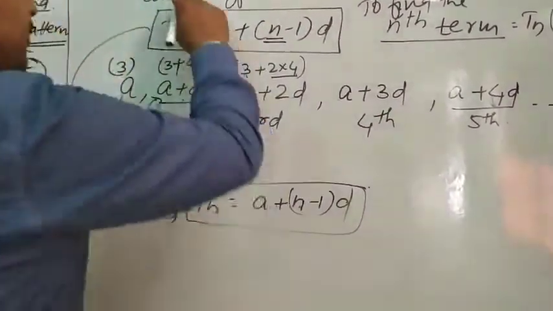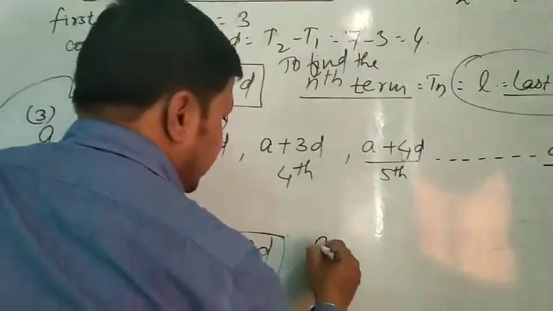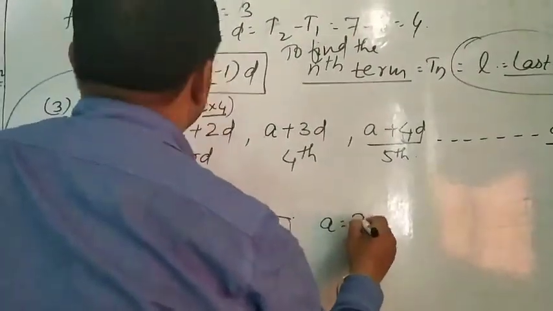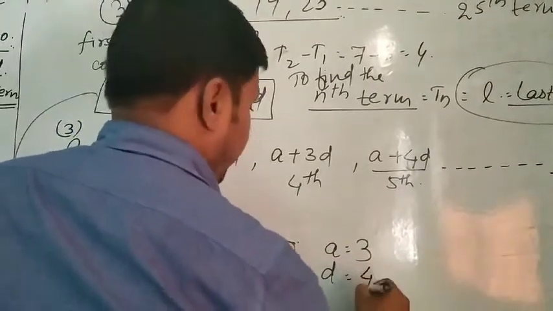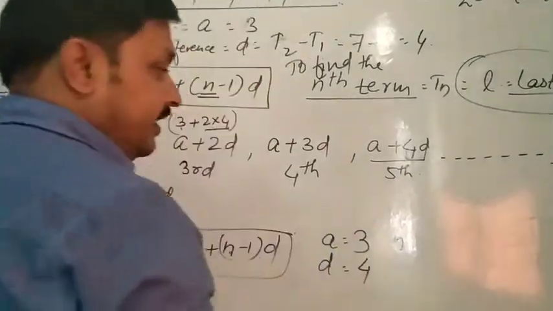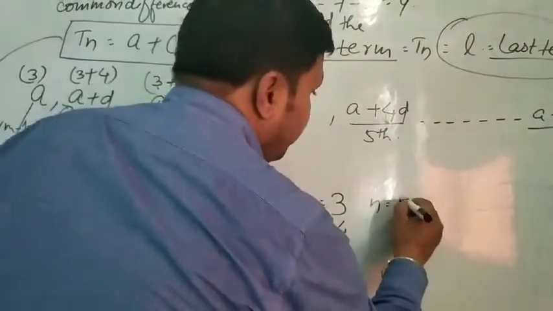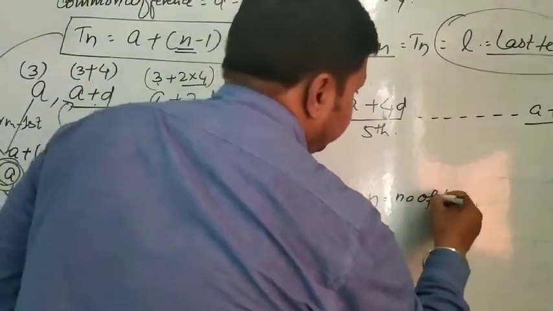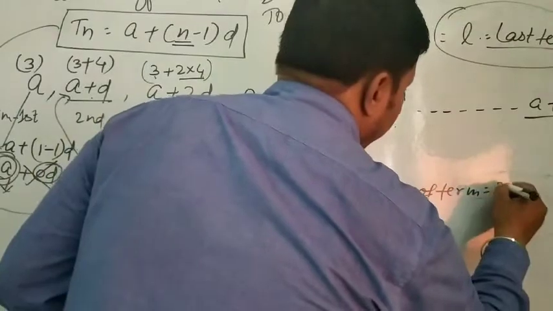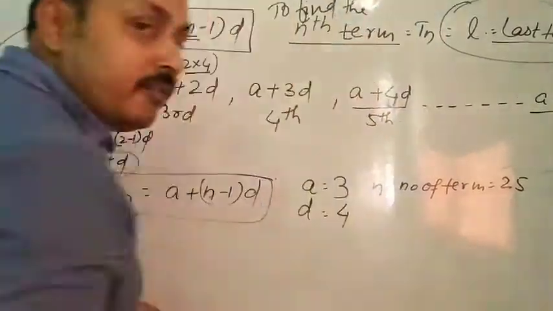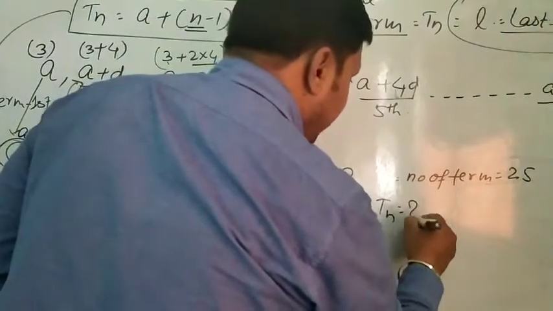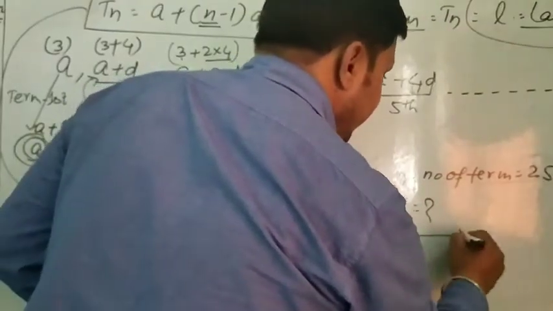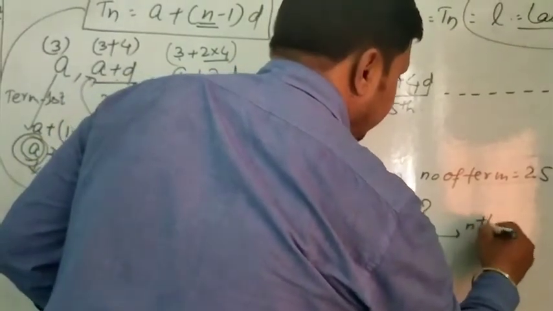Here we write the first term A equal to 3, D equal to 4, and n, the number of terms, equal to 25. Now you find Tn, the value of the nth term.